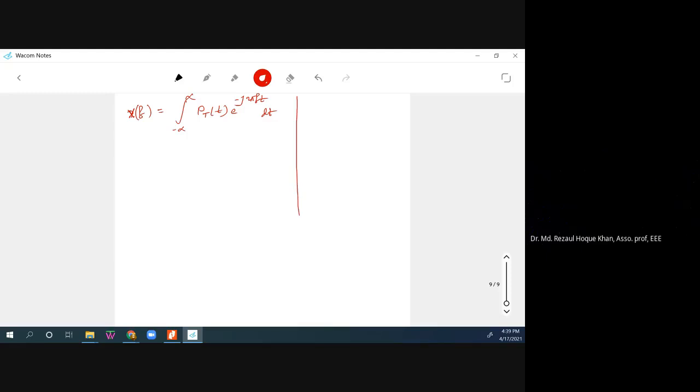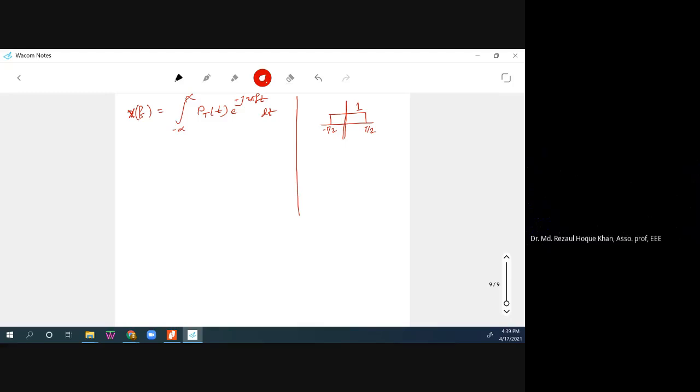This signal will be expressed by, imagine, what is this signal actually? This is a pulse. This pulse has a height of 1, from minus T by 2 to plus T by 2, with the duration T, right? So e to the minus j 2 pi f t.